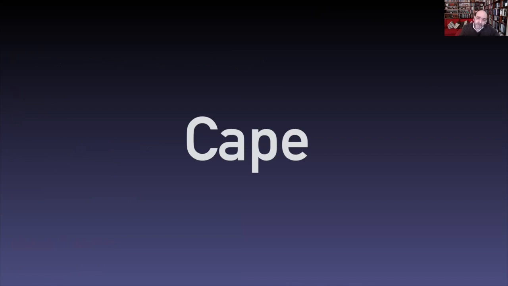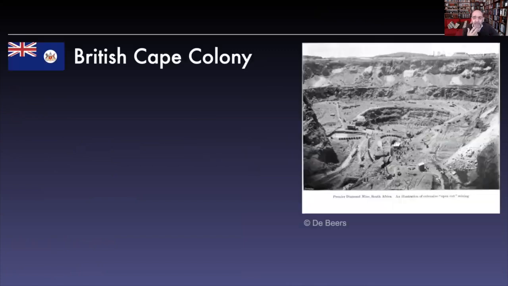Another word, maybe the young people don't know this, but the older people like myself and some of you in the audience remember talking about Cape diamonds. You call those diamonds Cape not because of Cape Town. And by the way, if you go to Cape Town, the first European to visit was a Portuguese, Bartolomeu Dias.